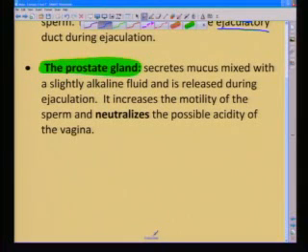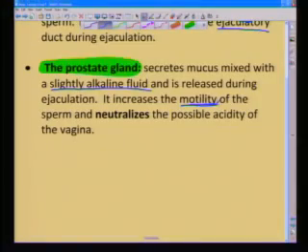And what the prostate gland does is it secretes mucus mixed with a slightly alkaline fluid as well. And it's released during ejaculation. Now, what it does is it increases the motility, which is the ability to move, the motility of the sperm, but the most important function of the prostate gland's fluid is that it neutralizes any possible acidity in the vagina.